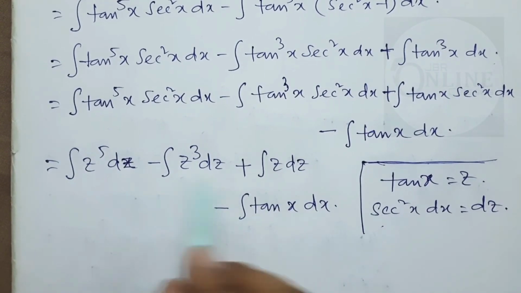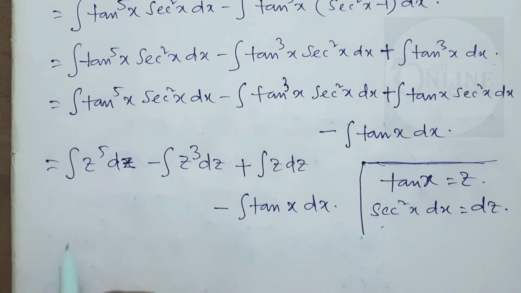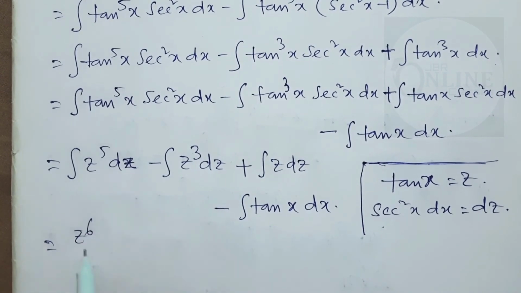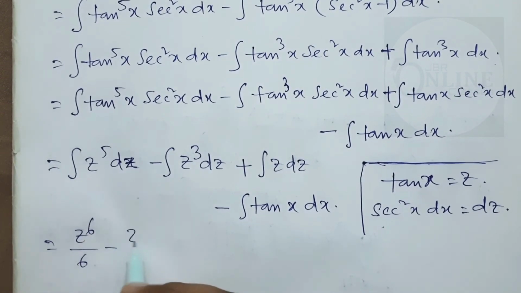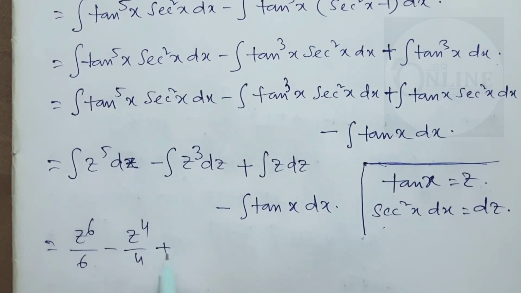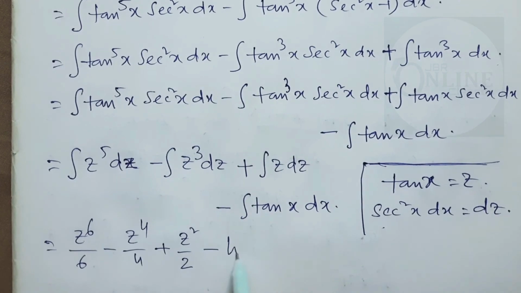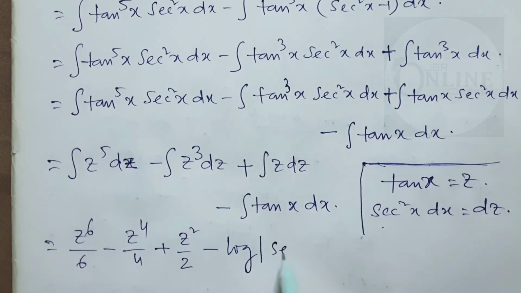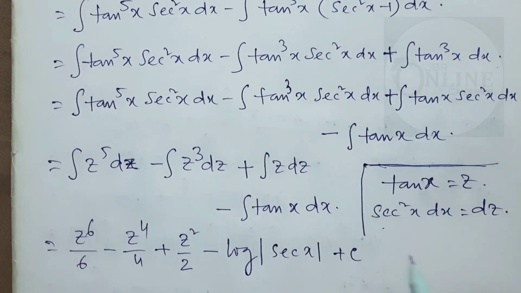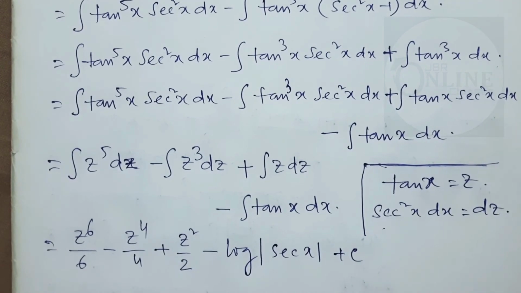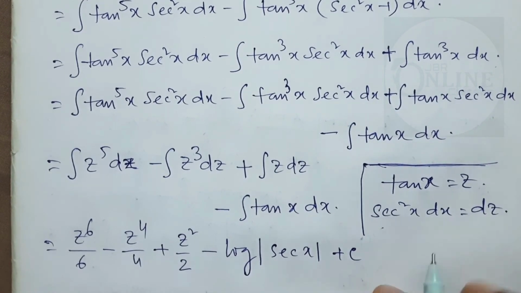Now these integrations are very simple, isn't it? So it is going to be z to the power 6 by 6 minus z to the power 4 by 4 plus z square by 2, and then as I said, minus log of mod sec x plus c. Every integration is done, so we added the integration constant.